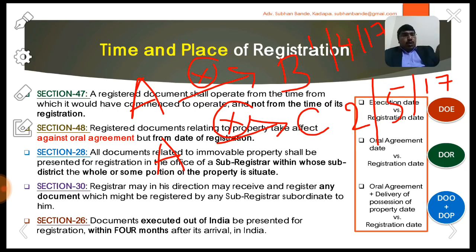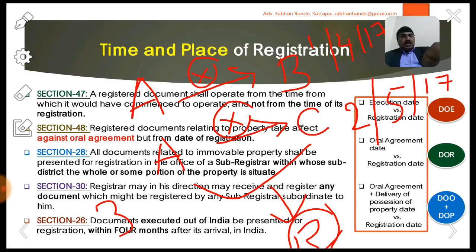But Mr. A and C presented such instrument for registration on 3rd June 2017.